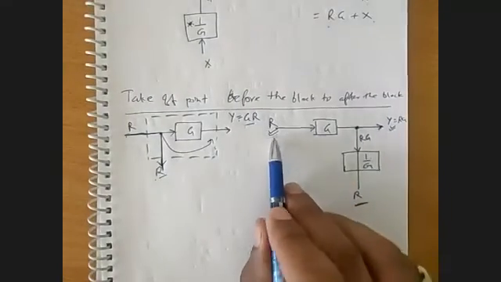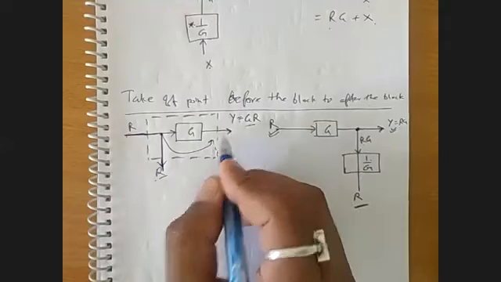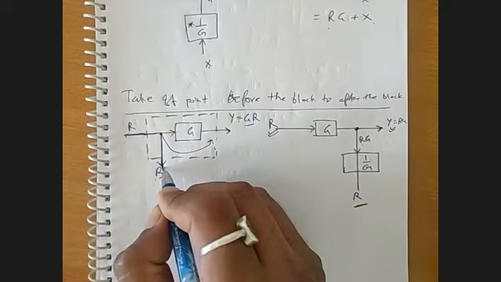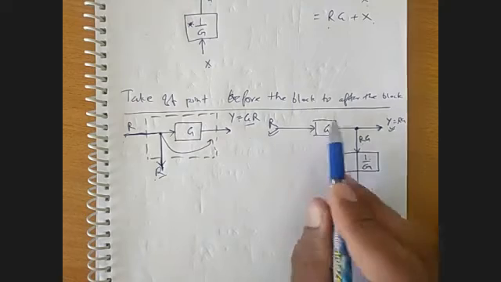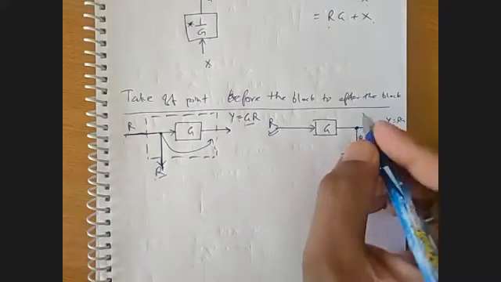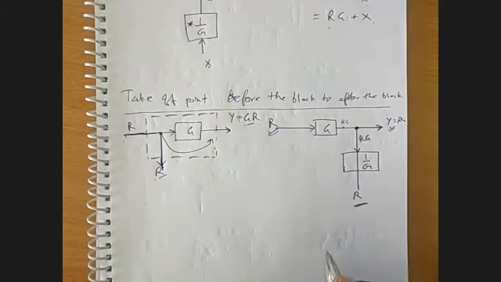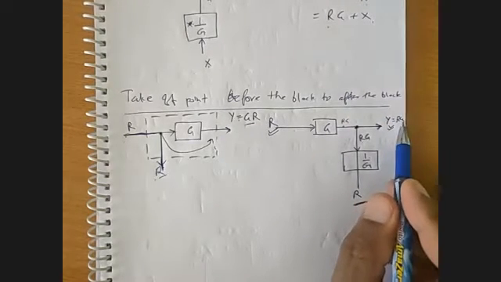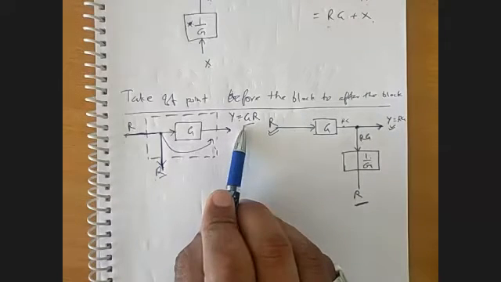Now we require that both these signals, Y and this, must be same. So when we are shifting this takeoff point from here to here, this will become R into G. That means at this point we are getting R into G. So Y is R into G. That is same as the previous case.